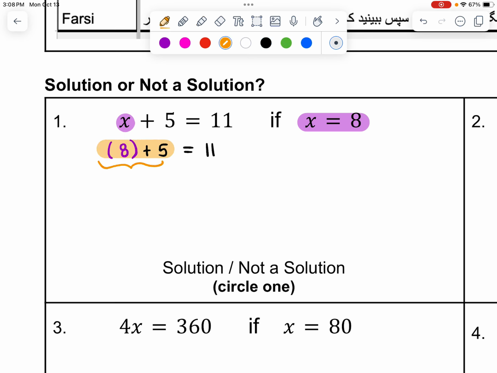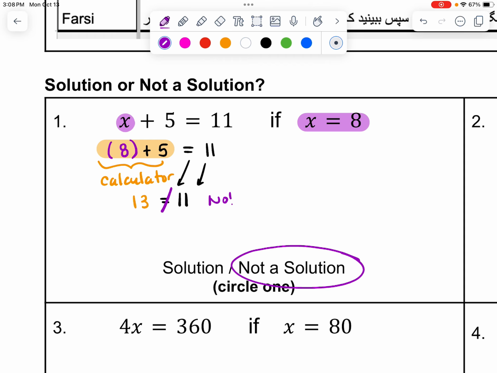On my calculator, I get 13. Then I will copy. 13 does not equal 11. So 8 is not a solution.